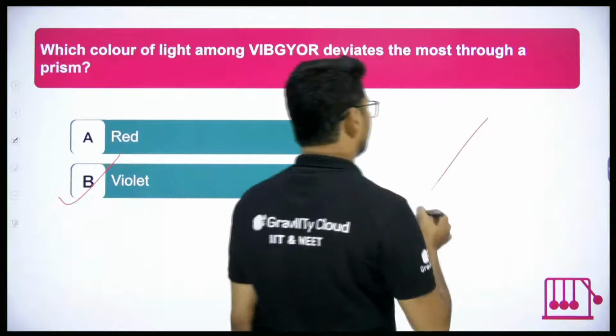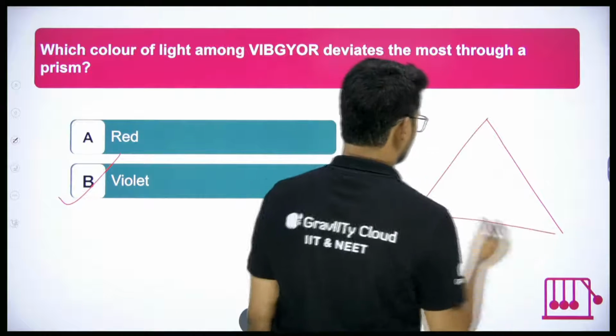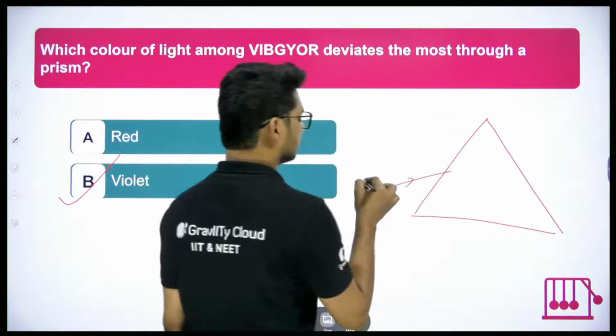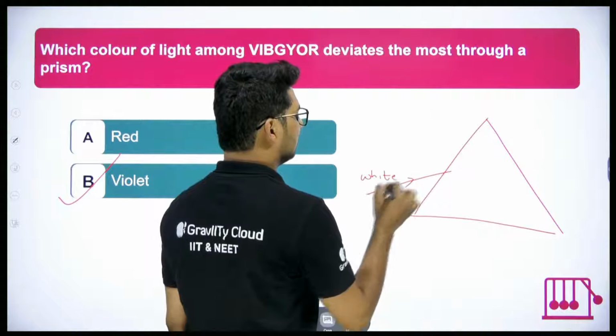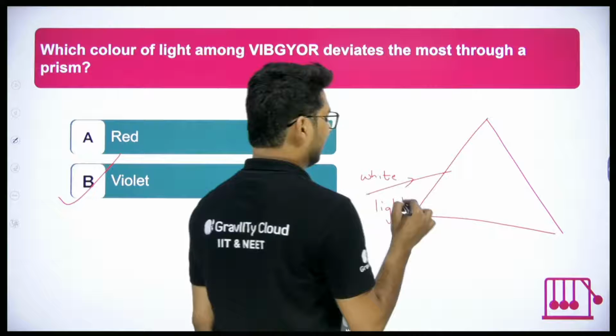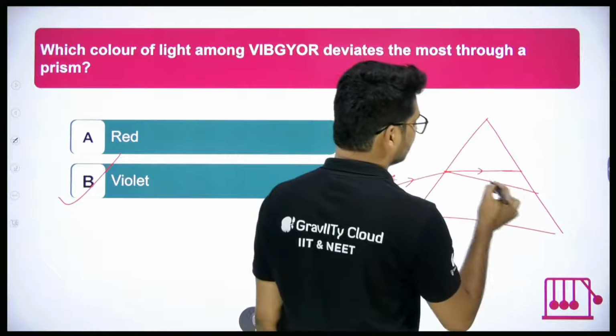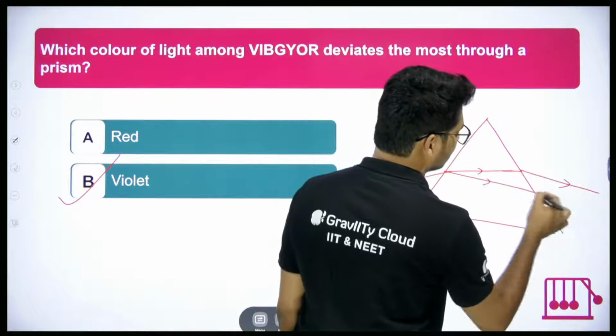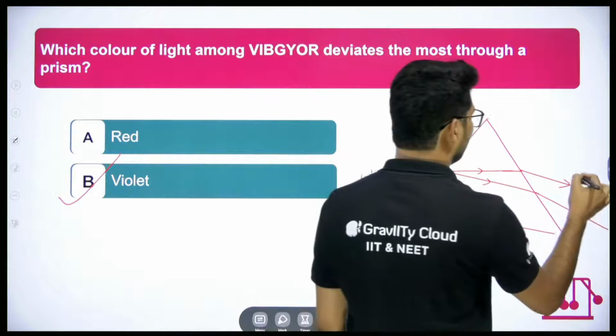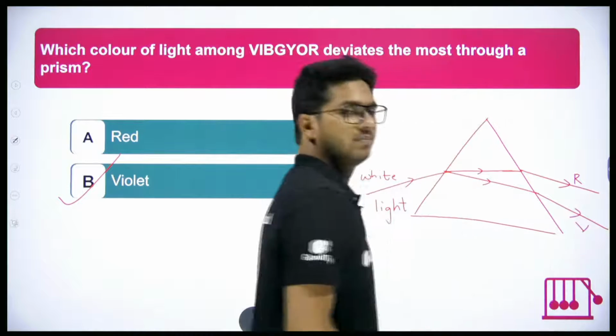Yes or no? If this is a prism, this is white light. That means all the colors have the same angle of incidence. Then they get refracted, something like this, and then like this. And what is the order? Red is at the top, violet is at the bottom.